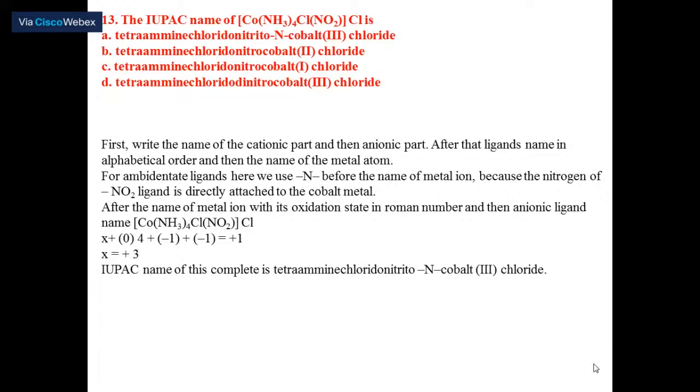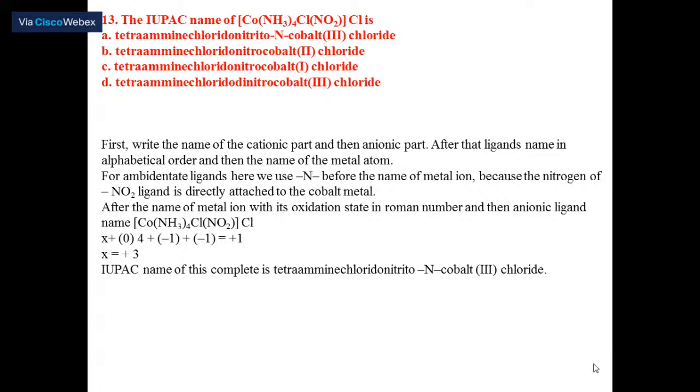The whole complex is cationic, so it is +1, because the counter ion Cl minus is there. So the oxidation state for the whole complex is +1. So -1 -1 is -2, take that -2 to the right-hand side: +1 +2 is +3, the oxidation state. That means tetraammine.